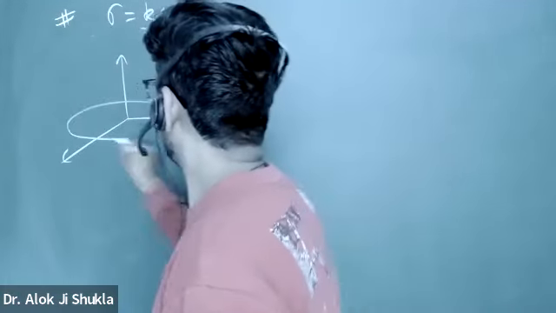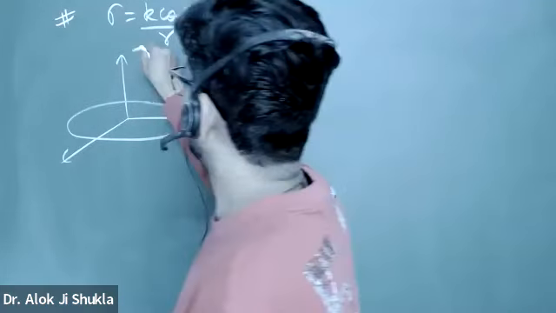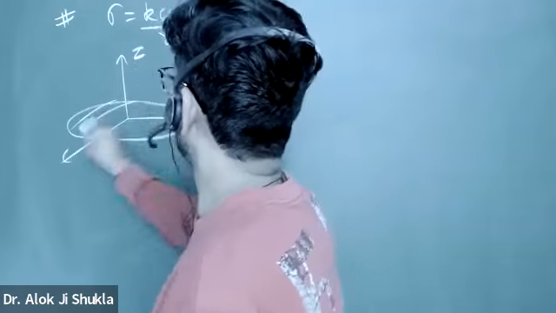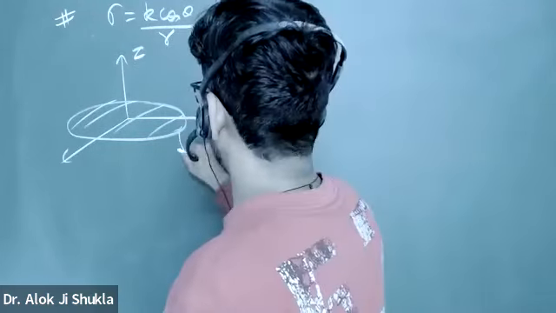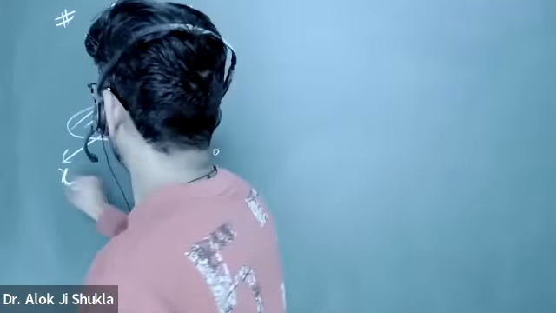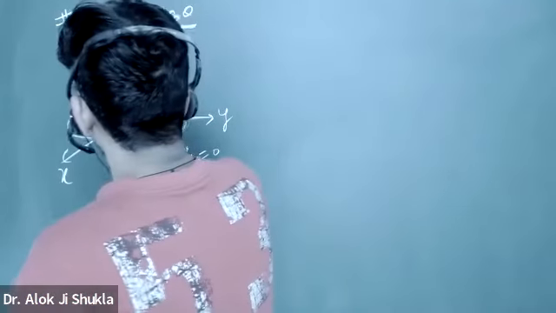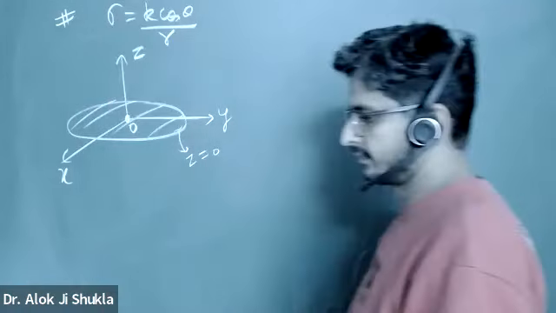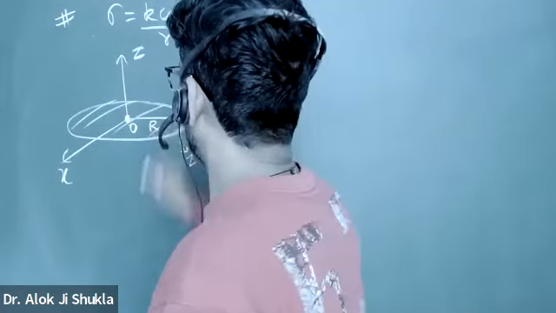This is the z axis, and the charge density sigma on this surface is like this. This is z is equal to 0. And this is x, this is y, and this is z. Correct? The center is at O. The radius is R, capital R.